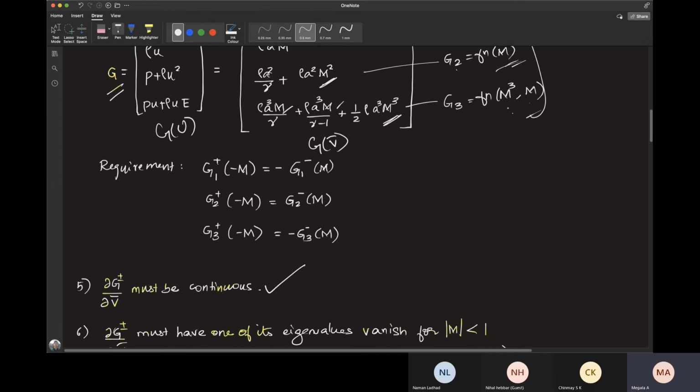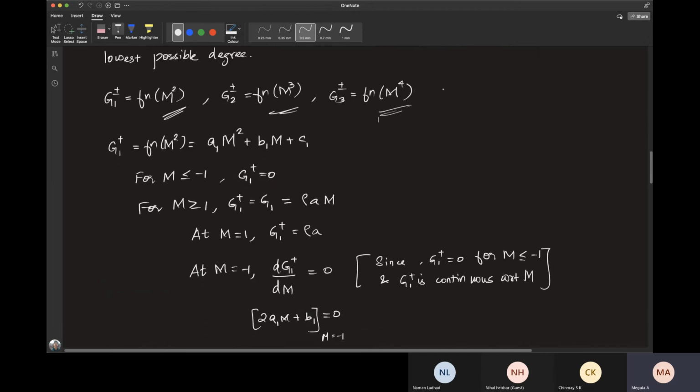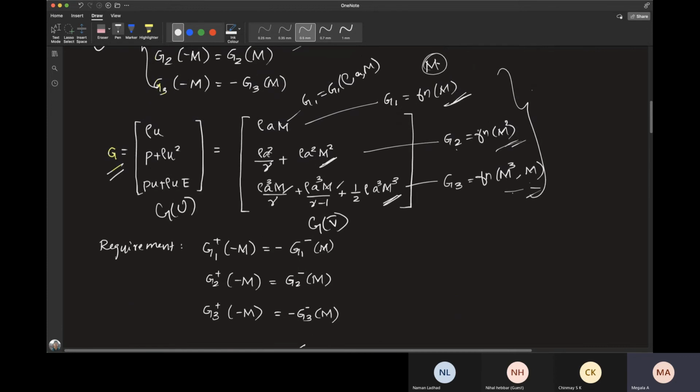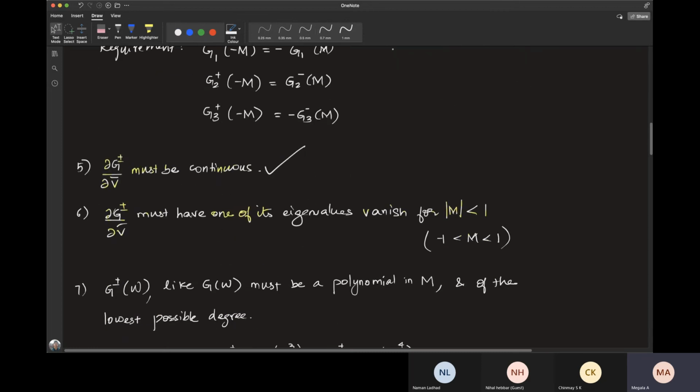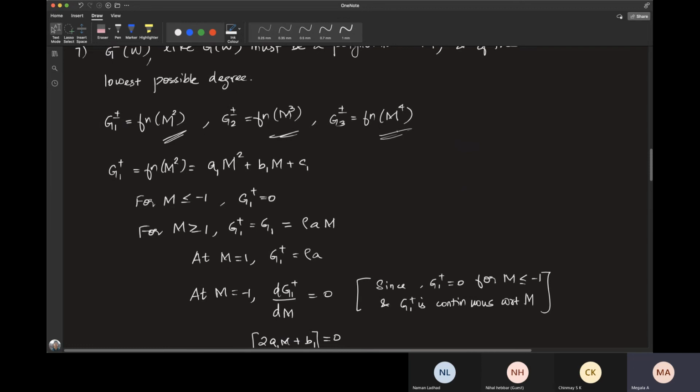And g3 as a function of m cube and m, and he makes g3 plus or minus functions of m power 4. Since if we make g1 plus and minus also functions of m, we'll surely get a discontinuity. So in order to avoid that discontinuity, he makes his polynomials of one degree higher.